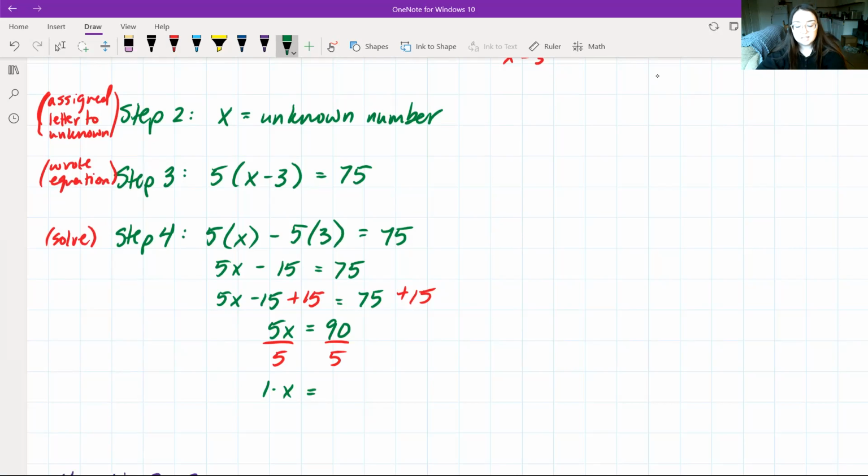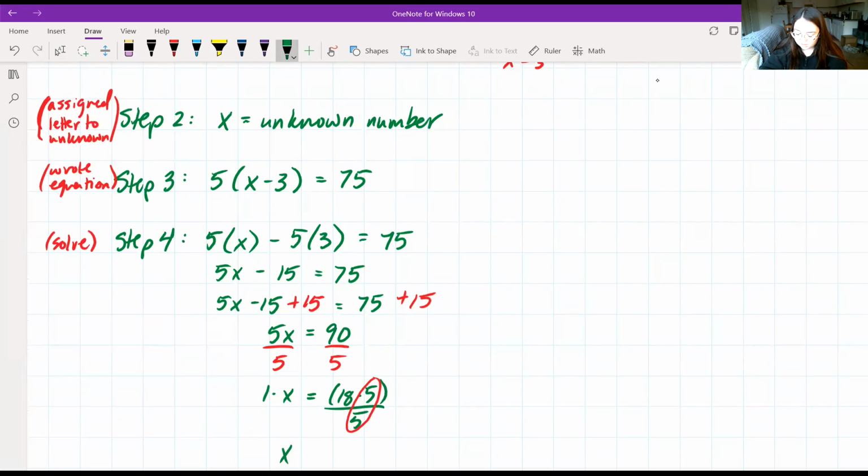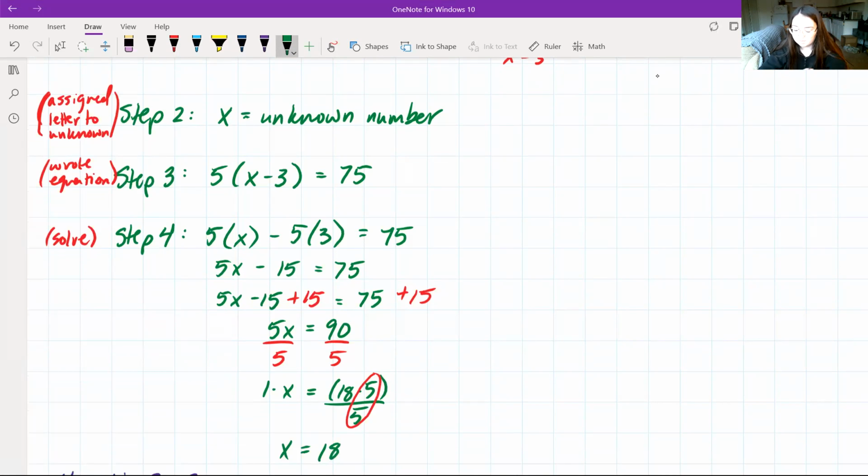Now, 90 can be written as 18 times 5 divided by 5. And now we have a 5 in our numerator and our denominator. So we get now that x is equal to 18.